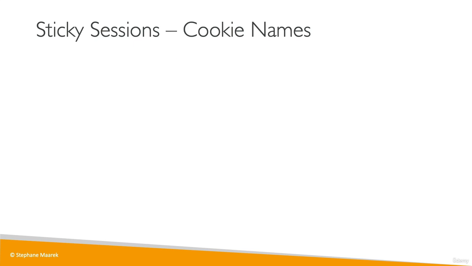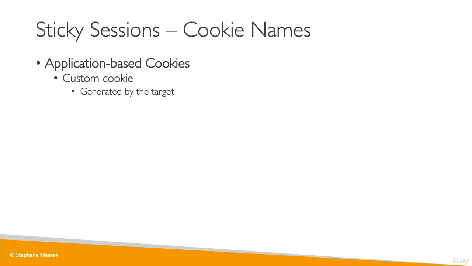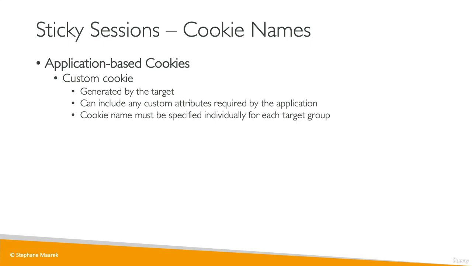Okay, now to go a little deeper, how about the cookie itself? There are two types of cookies that you can have for sticky sessions. The first one is application-based cookie, and the second one is duration-based cookie. Application-based cookies are custom cookies generated by the target, so by your application itself, and you can include any custom attributes required by your application. The cookie name must be specified individually for each target group, okay?